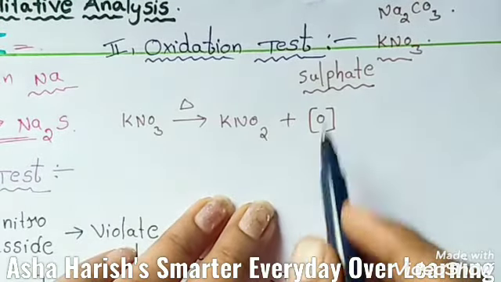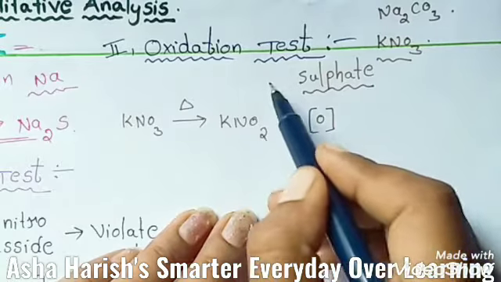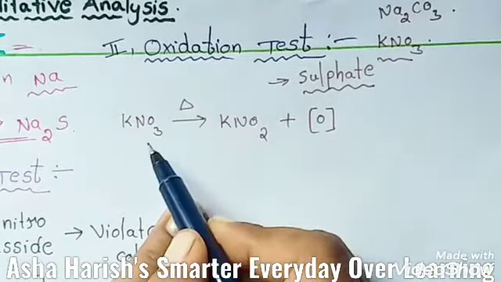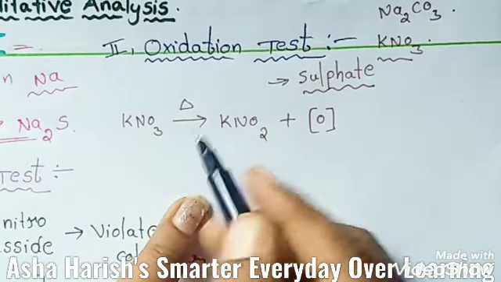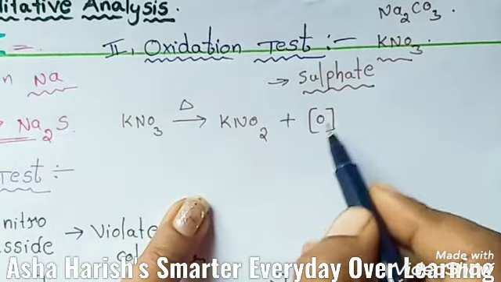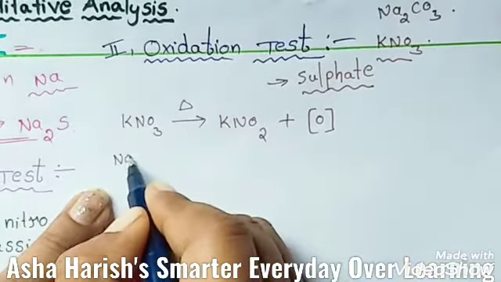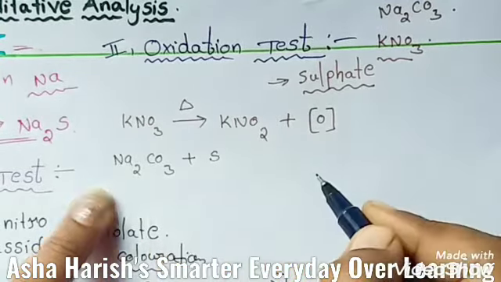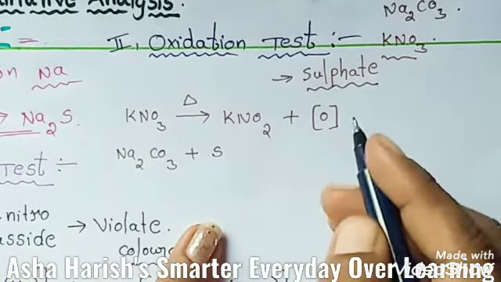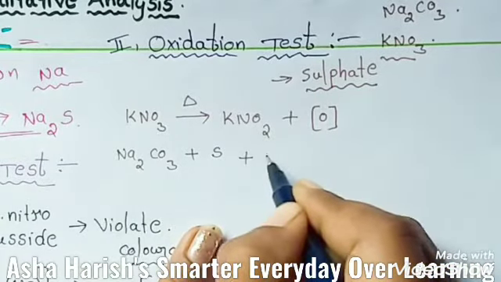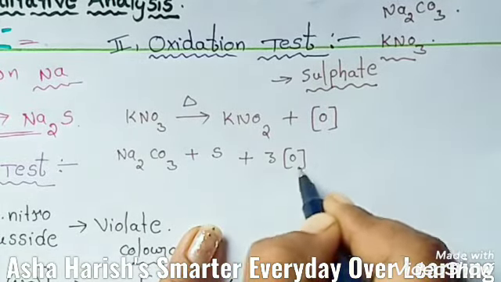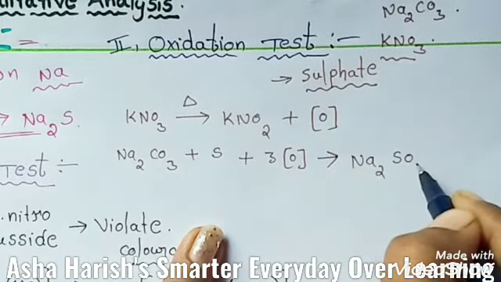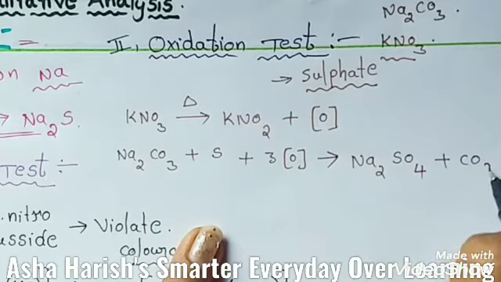If sulfur is present, it gets oxidized to sulfate. Now let's see the chemical equations for this. Potassium nitrate decomposes into KNO2 plus O, and to the sodium carbonate Na2CO3 you add the organic compound containing sulfur and 3 oxygens, and finally you get sodium sulfate Na2SO4 plus CO2.